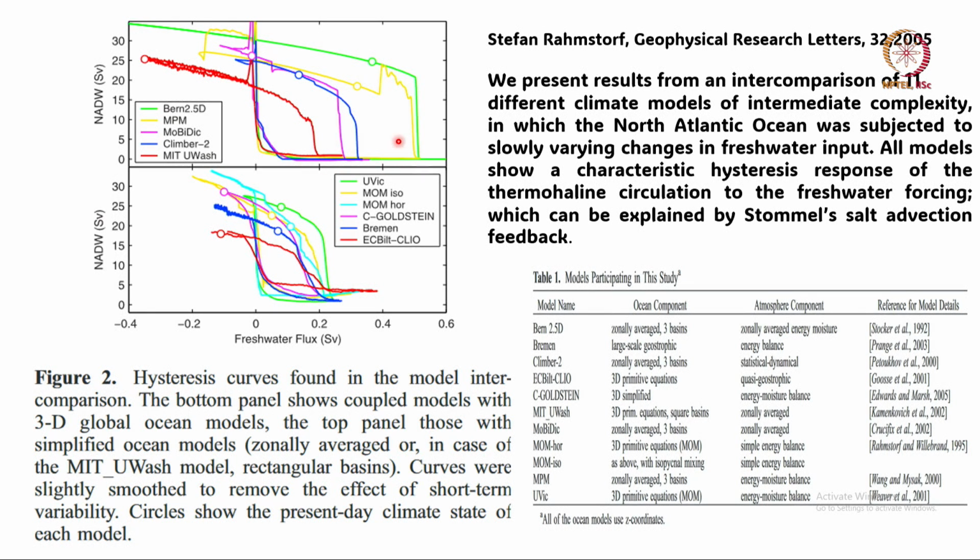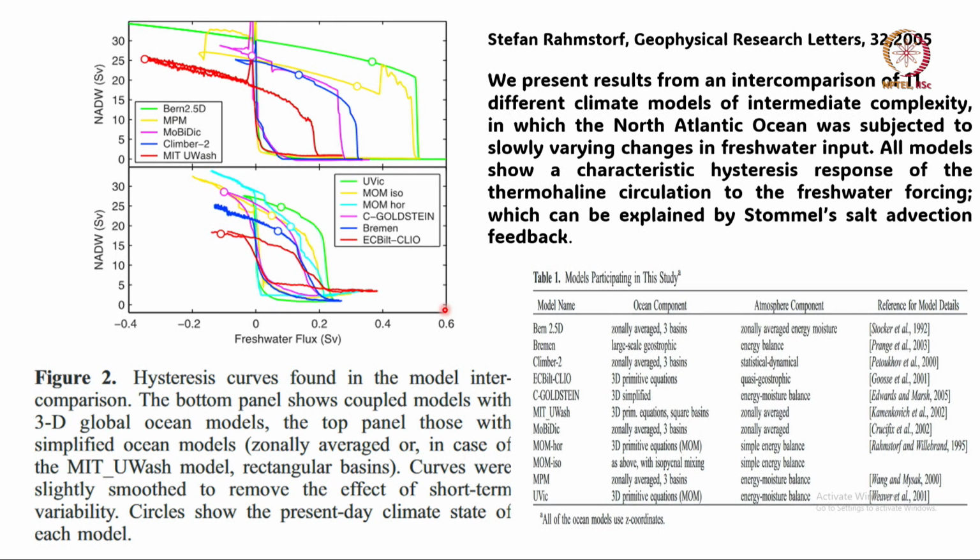Okay. Starting with around 20-25 meter cube per second, all the models show that at some point they will completely shut down. Okay. And if that shutdown occurs, it will have serious consequences to the Earth's climate.